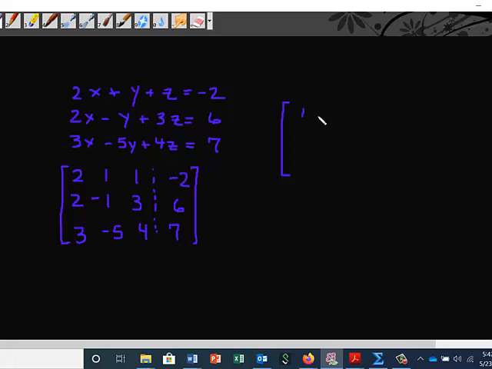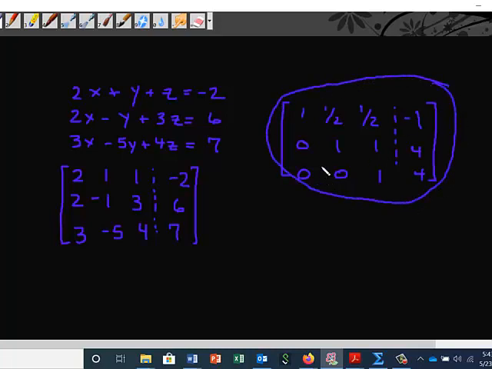So if you have something like 1, 1/2, 1/2, and say -1, and say 0, 1, 1, and this is going to be 0, 0, 1, and say this might be 4. Hang on, let me put this here and this here. Okay. Just basically showing you what this looks like.